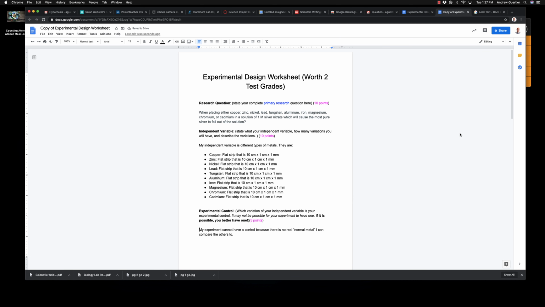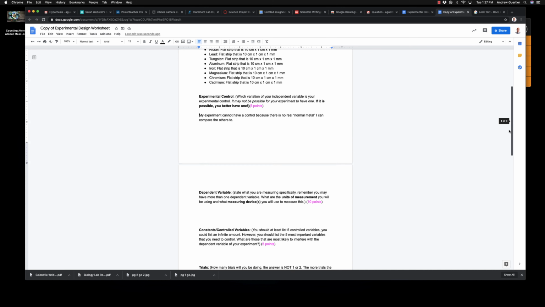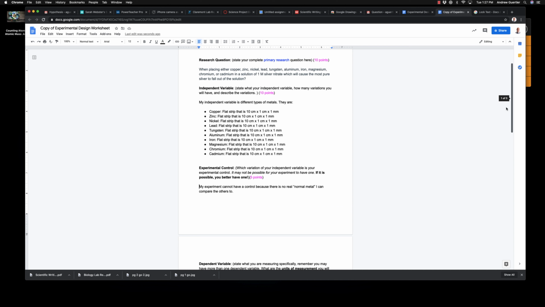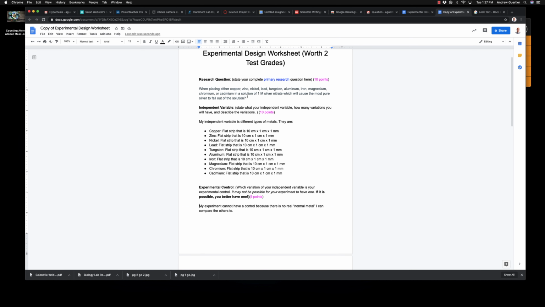Very good. Okay. My dependent variable, what I'm measuring. If I go back and think about my experiment, I'm trying to see how much silver is going to fall out of solution. Now I know a little bit of background knowledge here about the chemical reaction that happens when metals are mixed with silver nitrate.